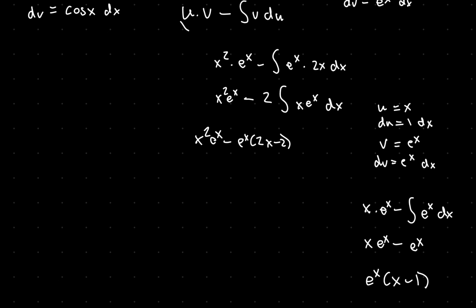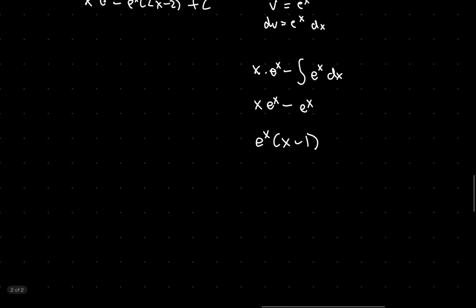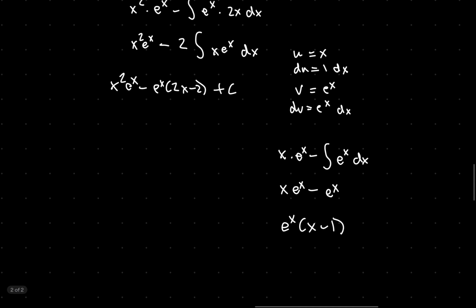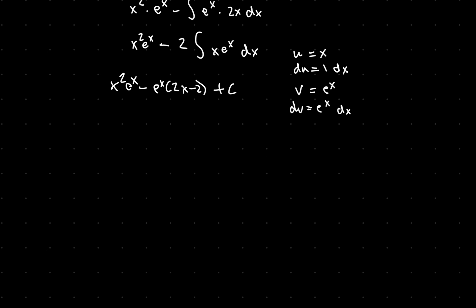And what are we forgetting? I hope someone's thinking it. We are forgetting the plus c. Okay? And sorry, I forgot to put down that we're supposed to multiply the 2 in here. And that's why we got what we did. Okay, like I said before, usually 90% of the time this will be a perfectly acceptable answer.